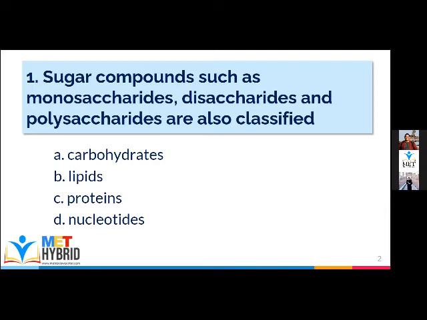adenosine triphosphate. If, for example, wala na tayong magagamit na carbohydrates for digestion or source of energy, the next macromolecule that is our source of energy would be your fats and lipids.